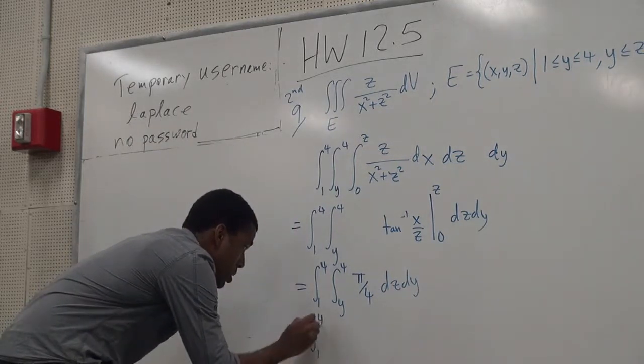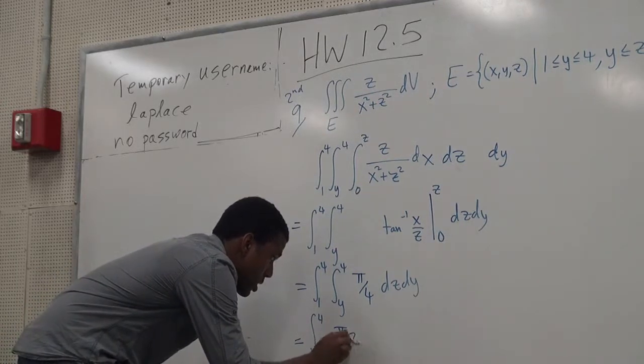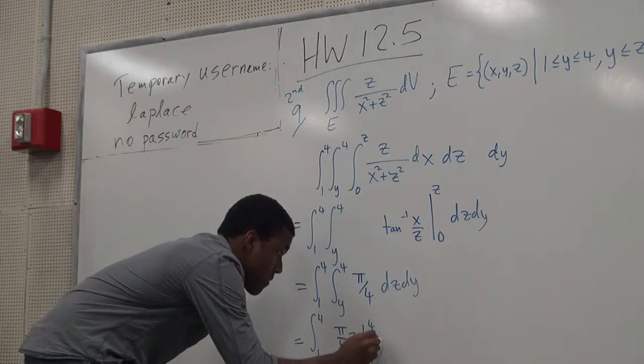And then we're going to integrate pi over 4 with respect to z. This is pi over 4 z between y and 4.